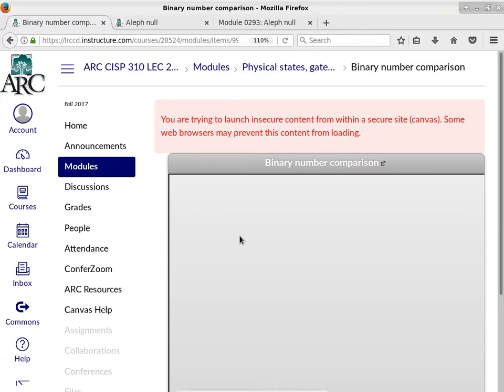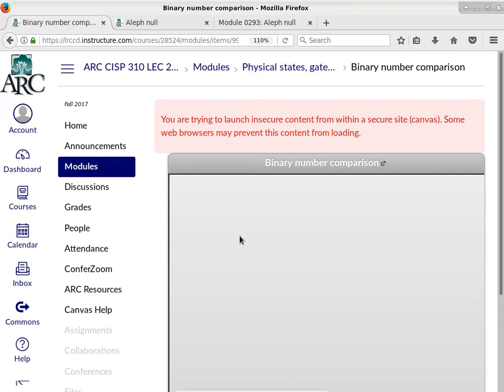This is because the container page is using HTTPS, which means it is intended to be secure, but if a component of it is trying to load from HTTP, the browser says something is not right, because that defeats the whole purpose of HTTPS, which is to make sure everything you see is secure.